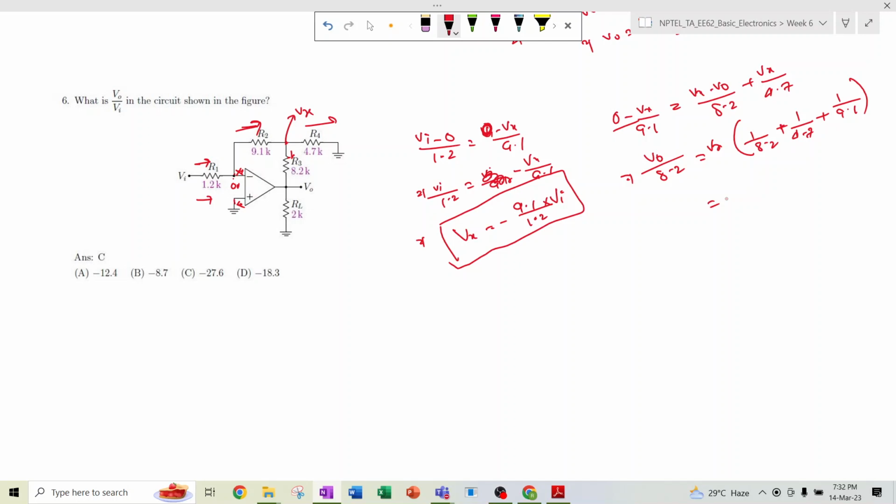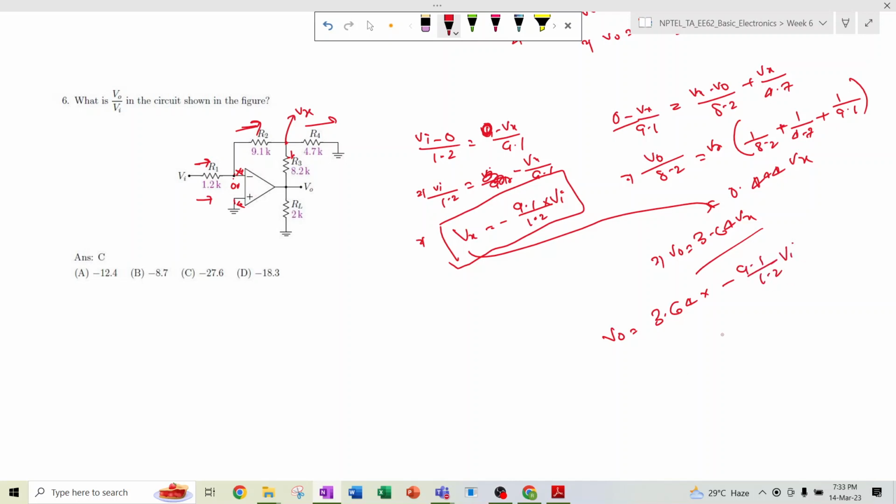So it will be 0.444 Vx multiplied with 8.2, that is 3.64. So Vo is nothing but 3.64 Vx. And now if we put the Vx over here, then Vo is equal to 3.64 into minus 9.1 into 1 by 1.2 by Vi, or Vo divided by Vi is equal to minus 3.64 into 9.1 divided by 1.2.